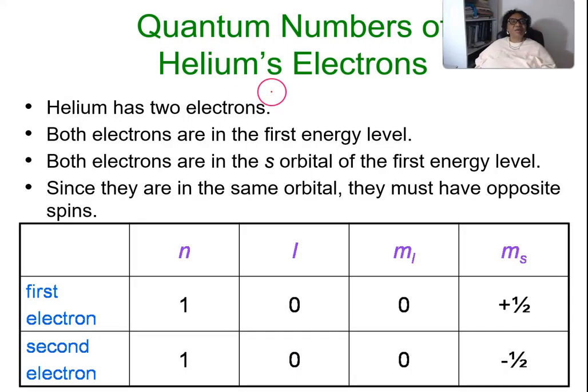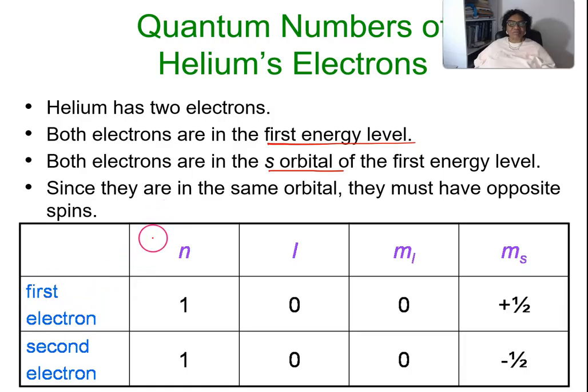Quantum numbers of helium electrons. Helium has 2 electrons. Both electrons are in the first energy level, in the s orbital. Since they are in the same orbital, they must have opposite spin, spin up and spin down, before they can live together in that orbital.